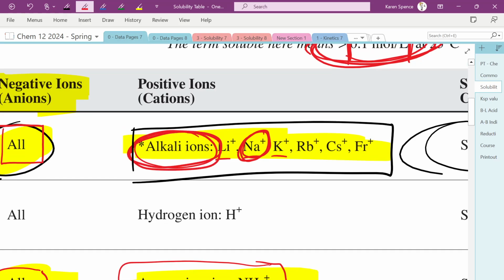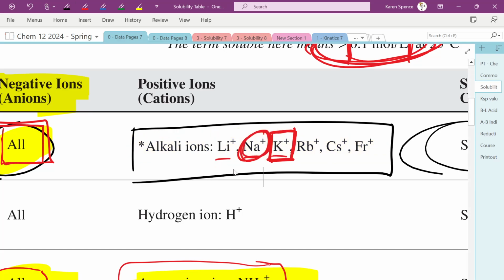And what are alkali ions soluble with? Everything. So anytime you see sodium, you know it's soluble with everything. Every time you see potassium, it is soluble with everything. And I've kind of scribbled over lithium, poor little lithium, but lithium is also soluble with everything. So if you have those in a salt, it will be soluble.